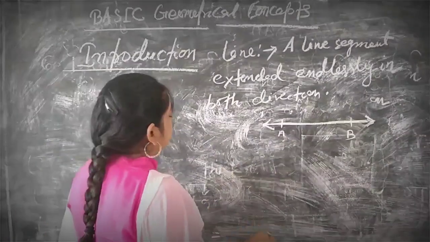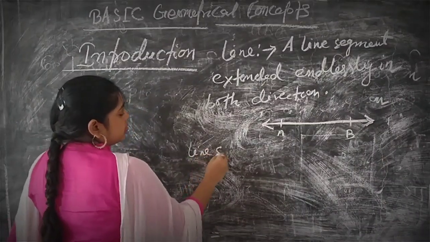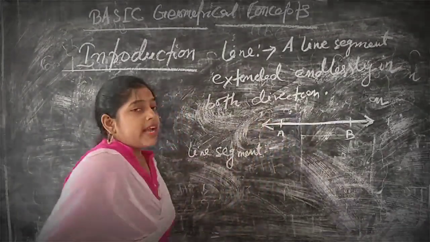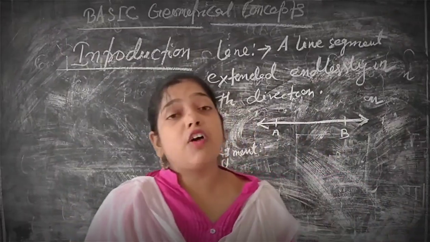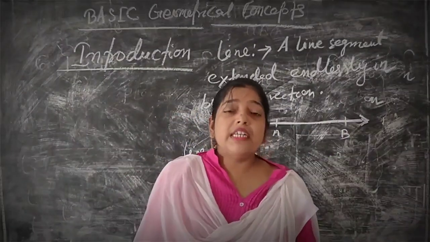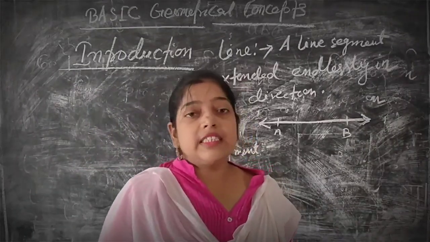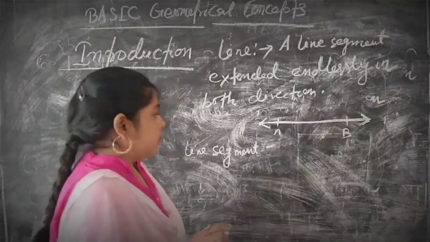Now the next is, what is a line segment? A line segment is also a part of a line, but it has only two end points, and it is the shortest straight path.